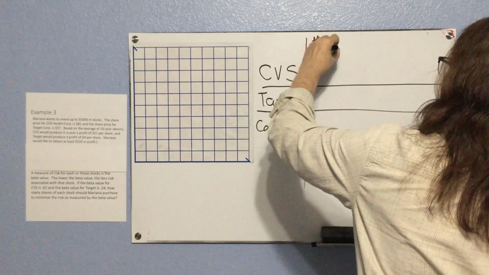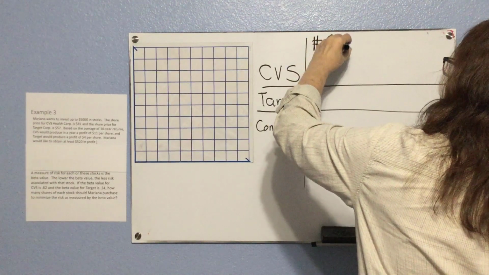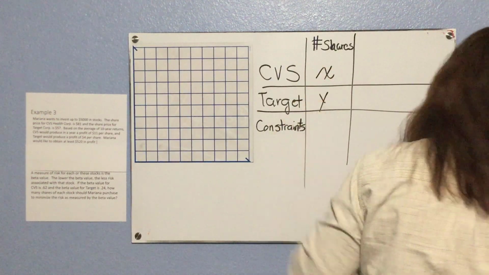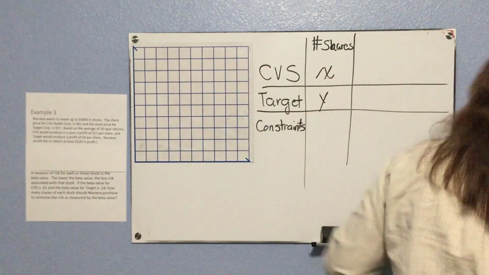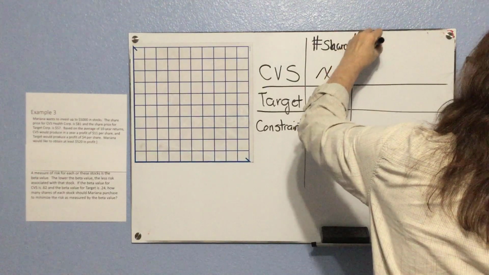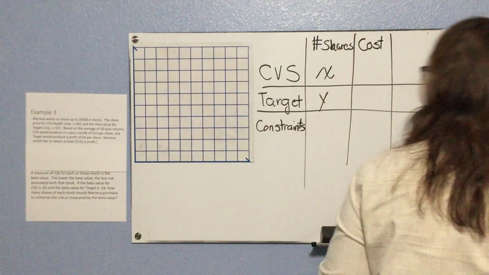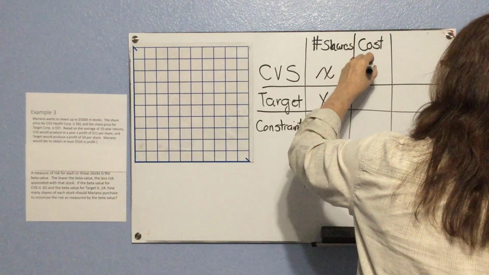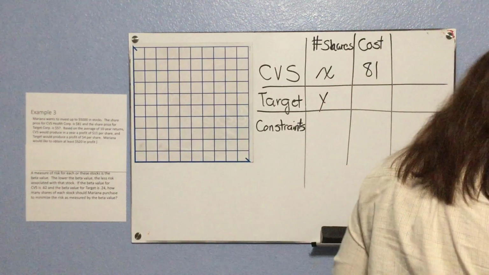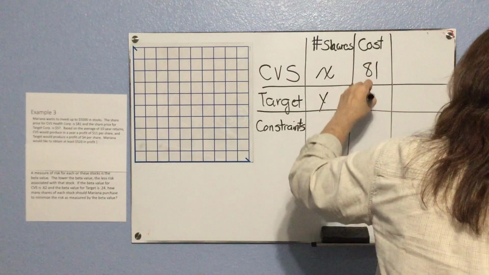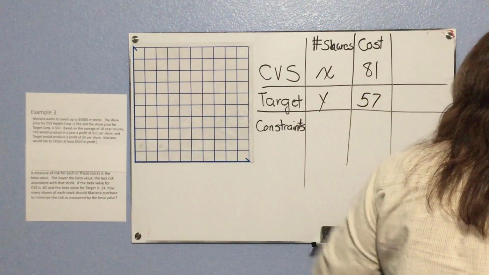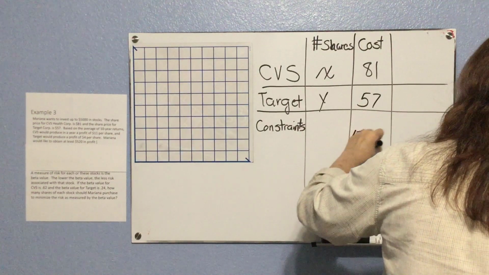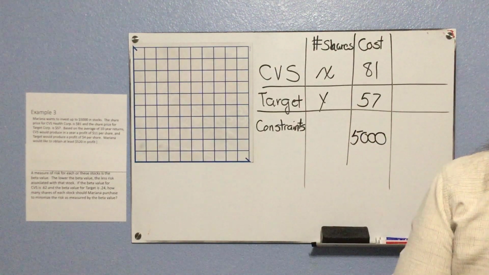Number of shares is what we're trying to find out. So we'll just call those X and Y. Our next column will be cost. Okay, CVS costs a little bit more, $81 per share. Target, $57, and Mariana has $5,000 to invest.